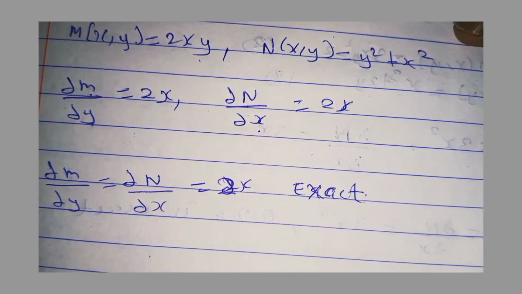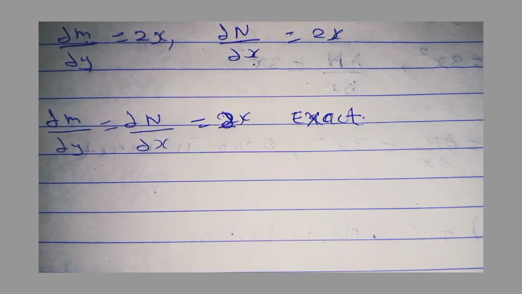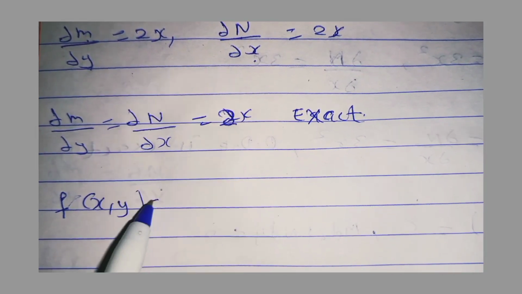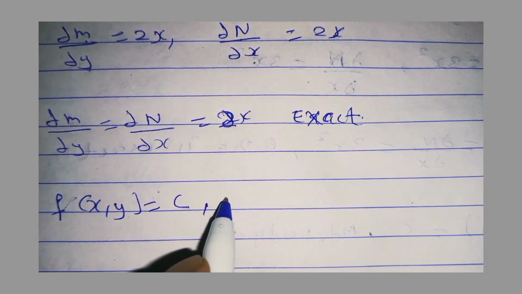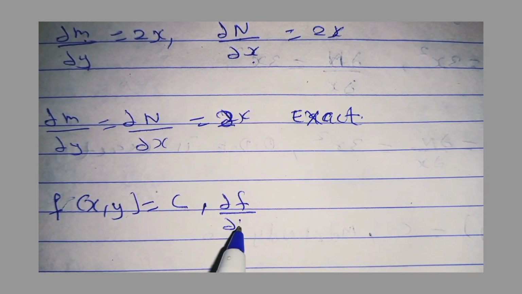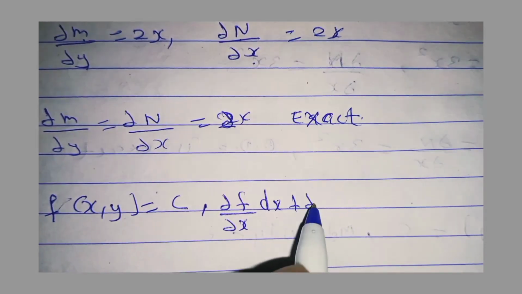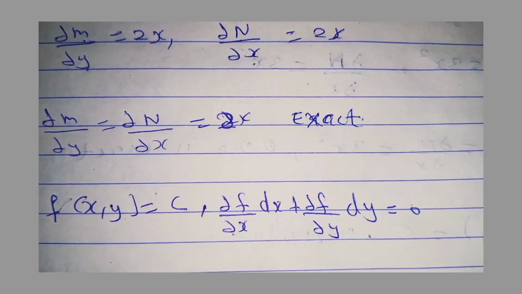If it is exact, it means our solution will be of the form f of x,y is equal to c, where c is a constant, and the total derivative of that function is given by partial of f over partial x dx plus partial of f over partial y dy is equal to 0.